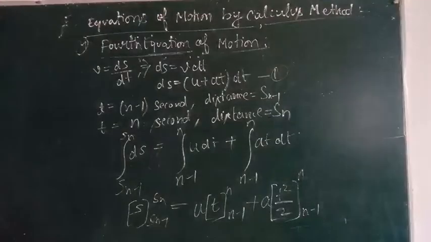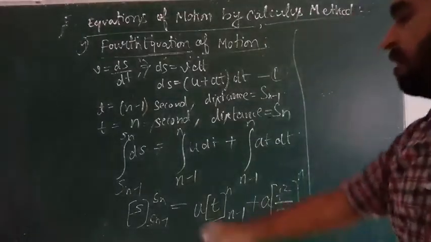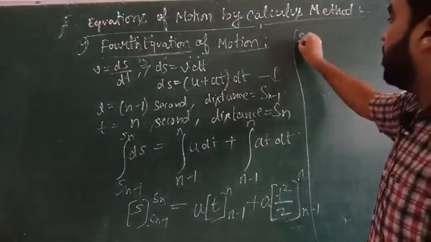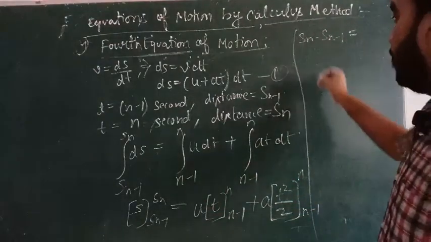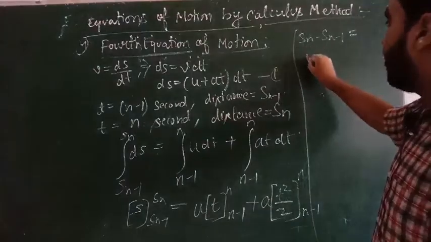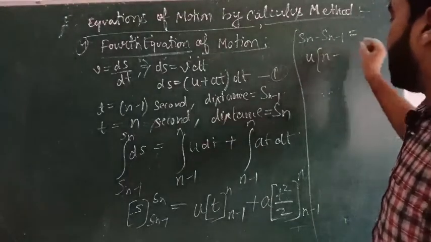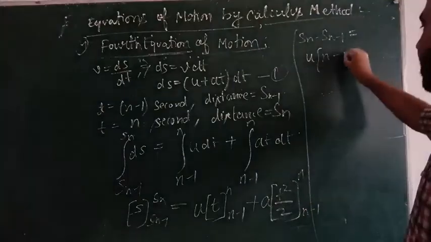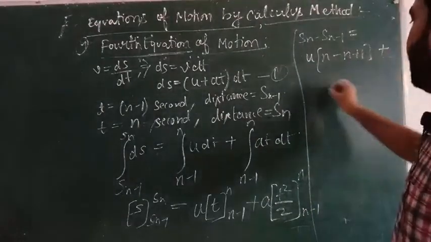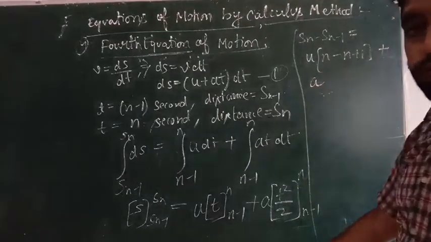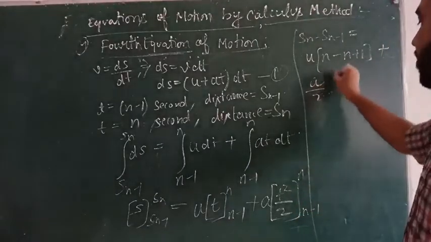Now let us replace it by the upper limit minus lower limit. So Sn minus S(n minus 1) is equal to u in place of t, upper limit n minus lower limit n minus 1, so minus n plus 1, plus a t square upon 2. Consider 1 upon 2 outside.